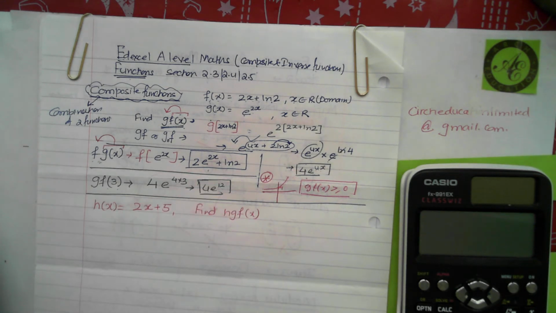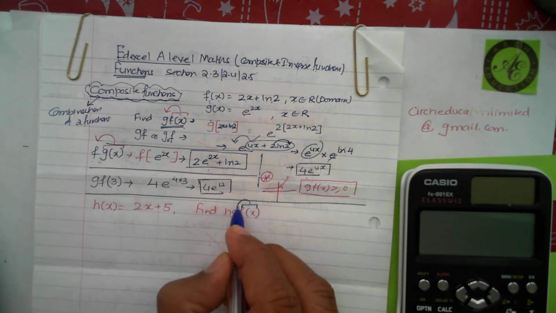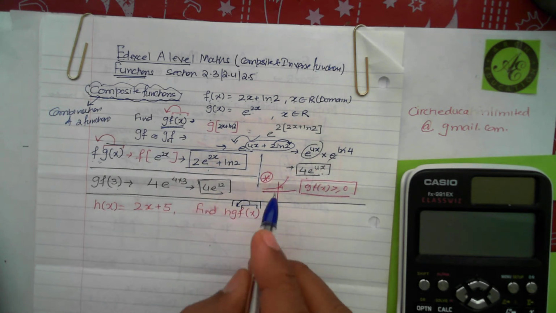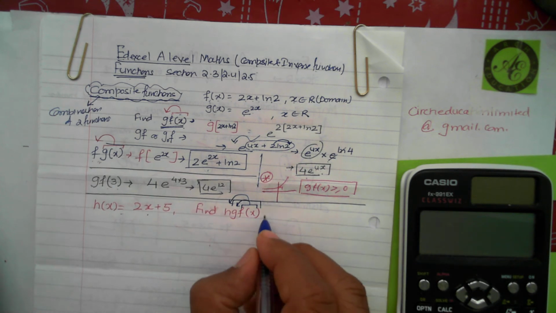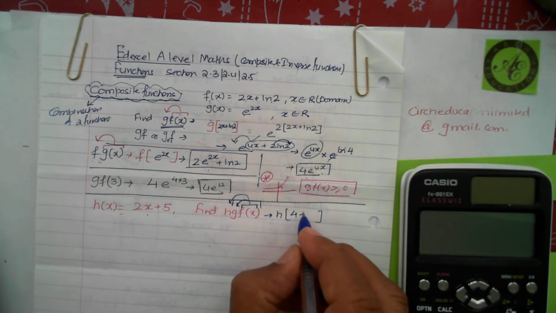Another variation in this is sometimes, rarely though, they ask you to find the composite of 3 functions. Nothing changes, guys, here. You just put f into g first to find gf, which you've already done over here. Then you put that gf into h. So the h function is there. In this case, we'll do what? h, then bracket the gf of that.